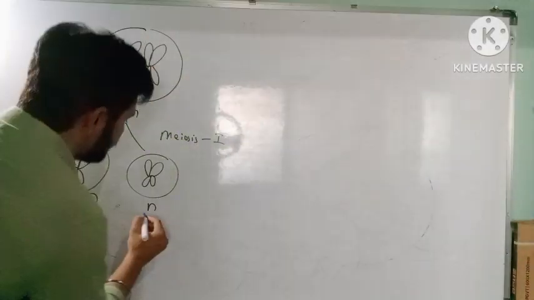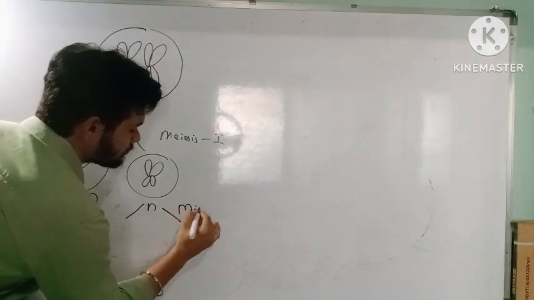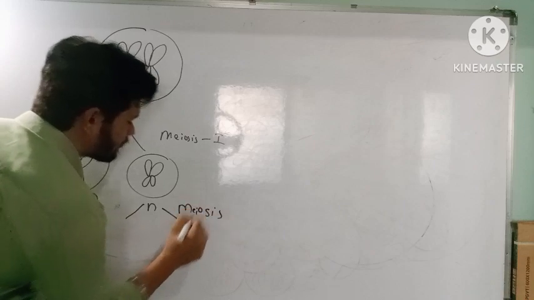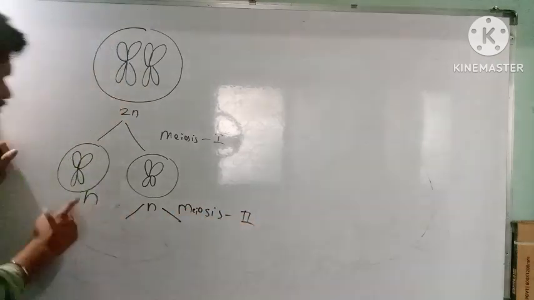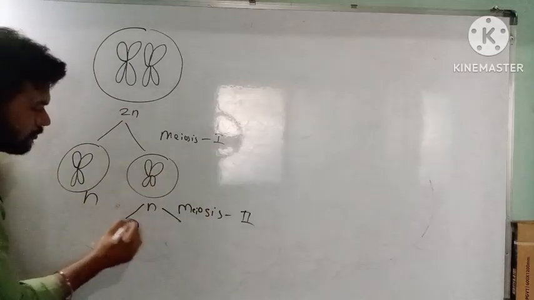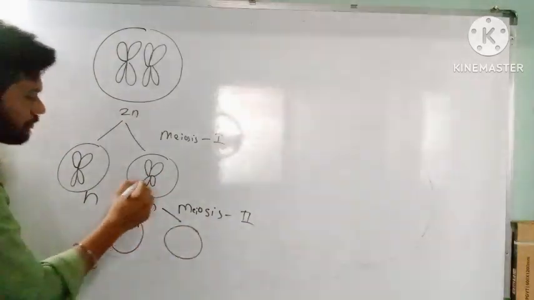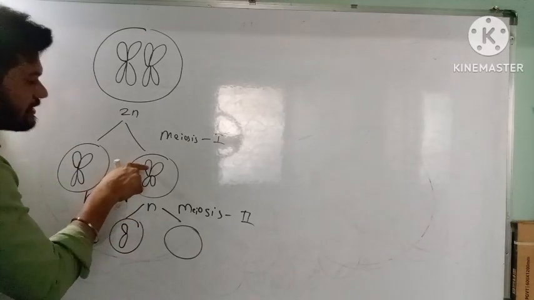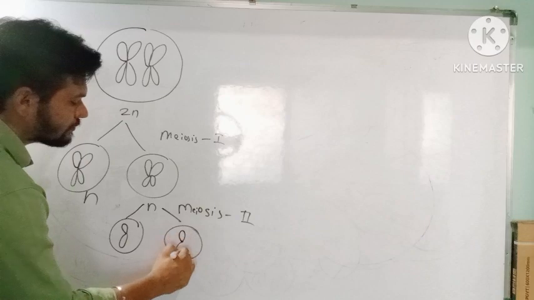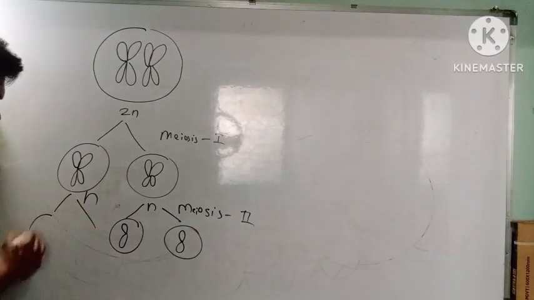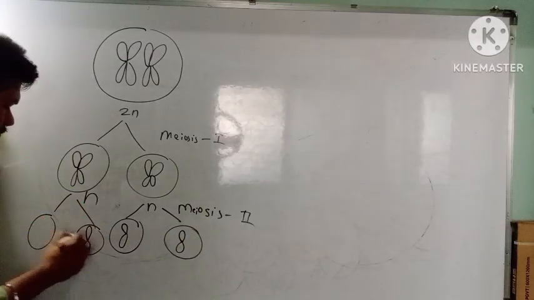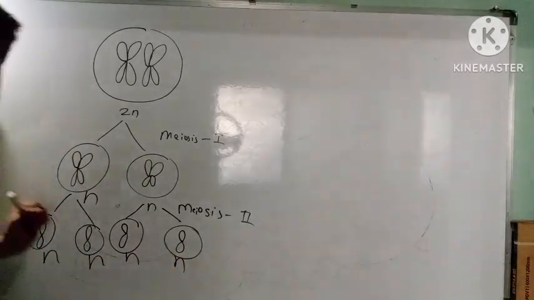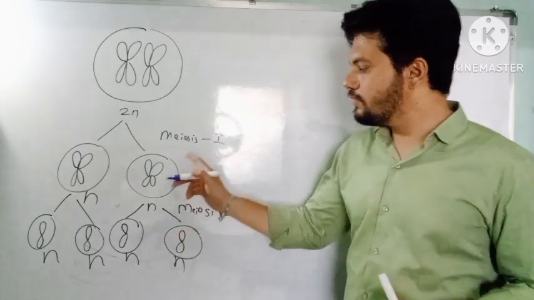So meiosis 2 will happen with this cell also, and this cell also. Okay, and both of them are going to produce two cells, but this time these sister chromatids will be separated. We will have 4 haploid cells after completion of meiosis 2.